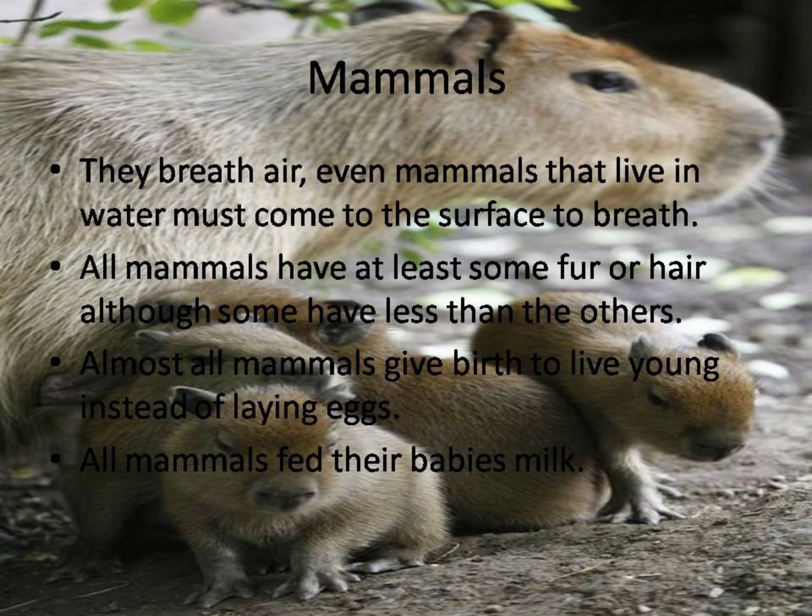They breathe air. Even mammals that live in water must come to the surface to breathe. All mammals have at least some fur or hair, although some have less than others. Almost all mammals give birth to their young instead of laying eggs. And all mammals feed their babies milk.